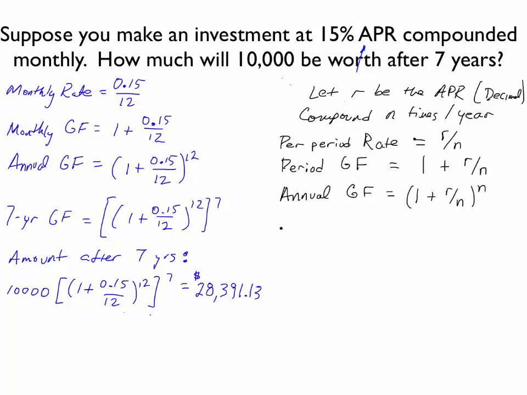Okay, and then what would the t-year growth factor be? So any number of years. So this is annually what you multiply by, then what would you multiply it by every t years? The annual growth factor to the t. Over t years, you would multiply by that annual growth factor t times.